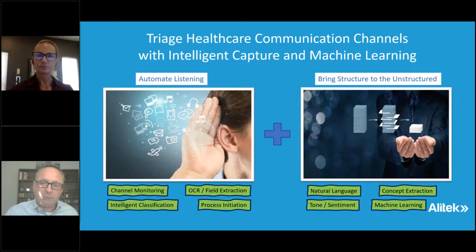So Intelligent Capture allows you to analyze incoming channels like faxes, understand what it is, make it searchable, and if it's more structured, automatically extract out all the components that are important.